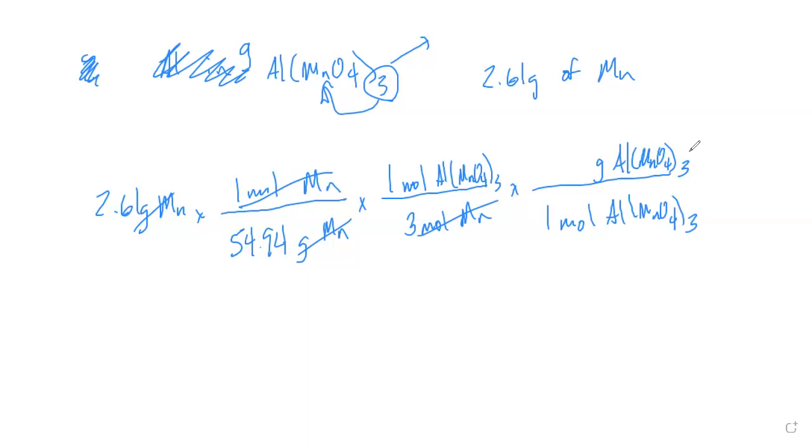So aluminum, 26.98, 3 manganese, 54.94, 12 oxygen, 383.80 ends up being our molar mass.